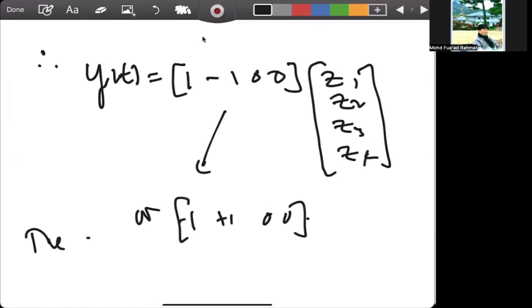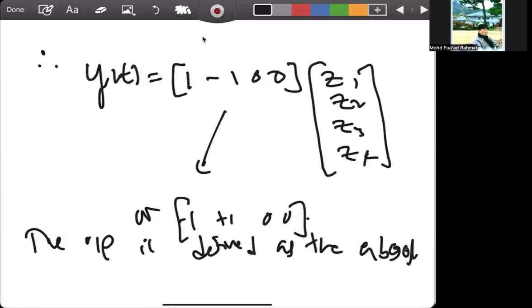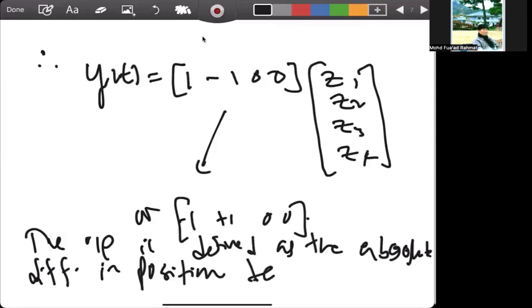So the output is defined as the absolute difference in position between the two masses.